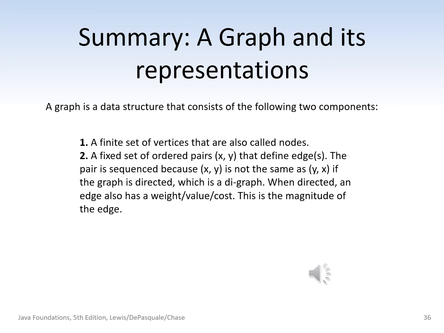So let's begin to summarize our lesson on graphs and adjacency matrix. A graph is a data structure that consists of two components. One is a finite set of vertices that are also called nodes.